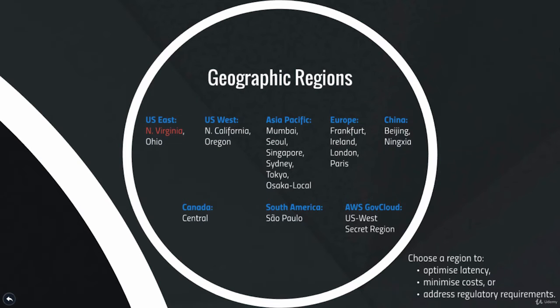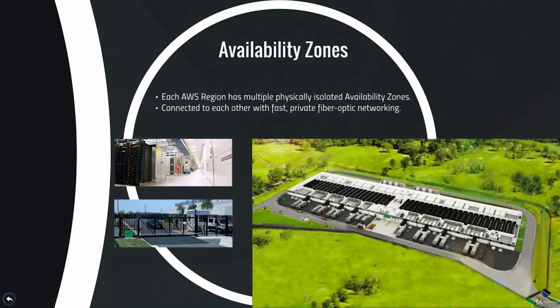You may also want to locate your server in another country for regulatory reasons, or you may want to be located in your country for regulatory reasons. So there are a number of factors to take into consideration when selecting a region. Each region is divided up into at least 2 availability zones that are physically isolated from each other.